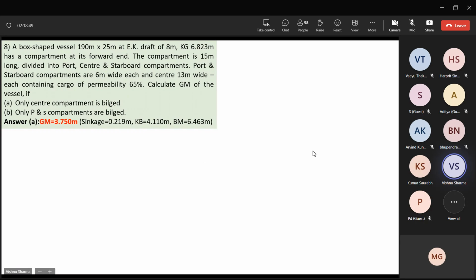I have inserted permeability in the spaces. This is for you to try. This is the answer to part A. Take the screenshot of the part A answer, beta. Then take the answer for part B also. Part B, GM 3.501 is for part B.